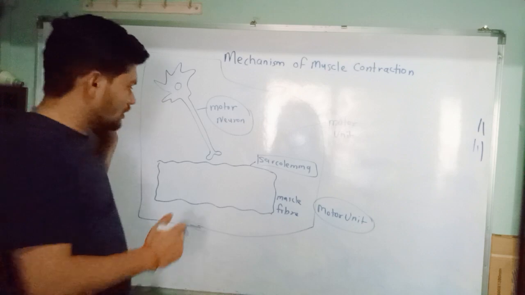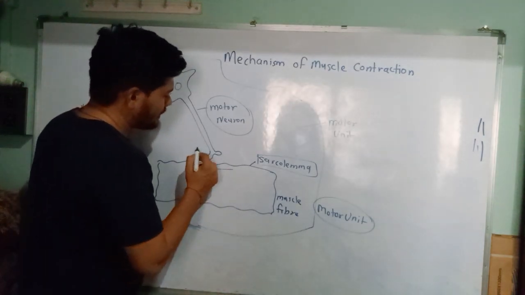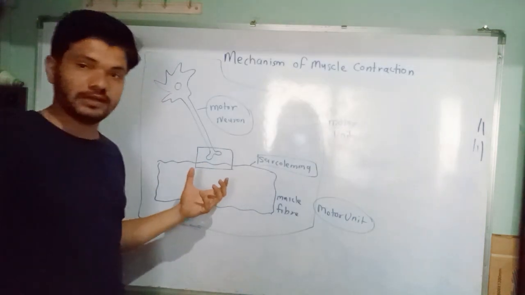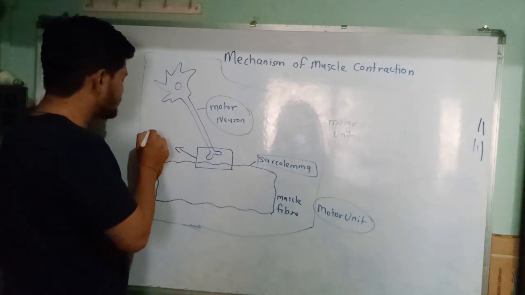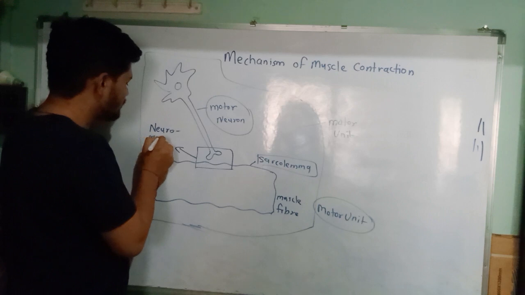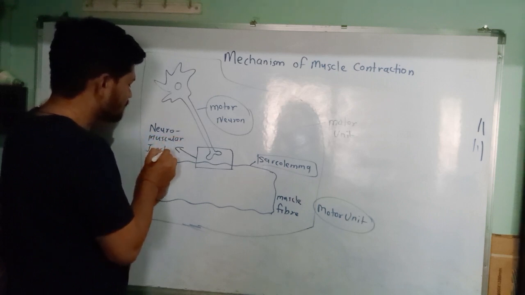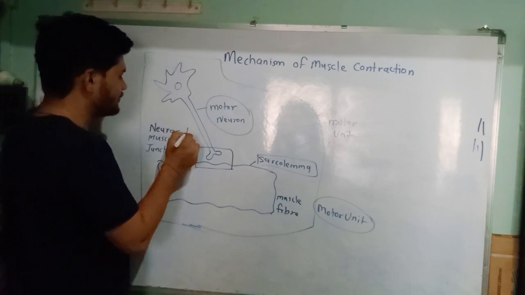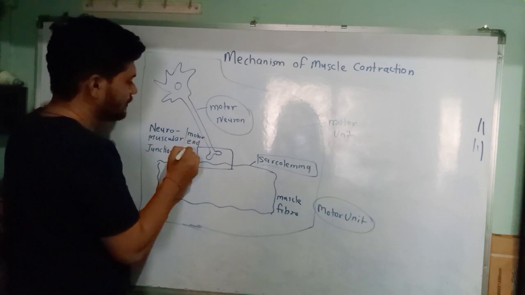Then there is this sarcolemma and the end of the neuron, the axon terminal, collectively called the neuromuscular junction, or there is another name called motor end plate.